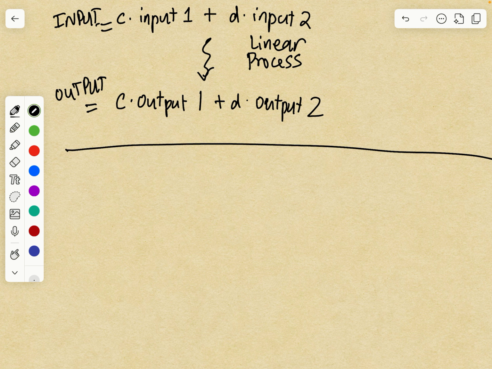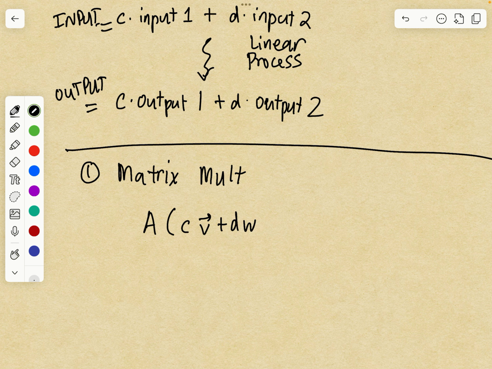So some instances where this shows up is in matrix multiplication. We've seen that if I have a matrix A and I take a linear combination Cv plus Dw, and I take A and multiply it by that, I get C times Av plus D times Aw.